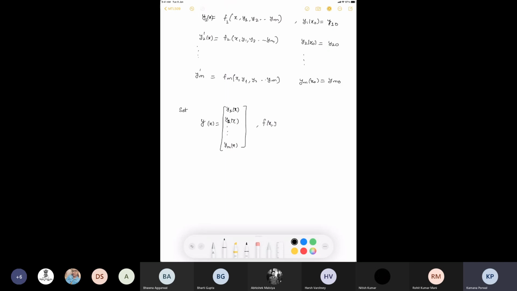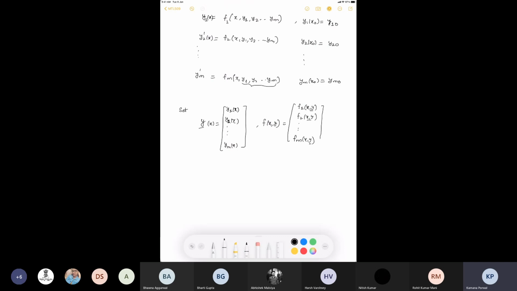So basically, because I'm defining y as these components together, I can write f as a function of x and y, and I'm taking it as f1 of x, y, f2 of x, y, up to fm of x, y. Because these functions depend on the variables y1, y2 up to ym, and altogether I've defined it as y, in place of writing y1, y2 up to ym, I'm just writing that they are functions of x and y.